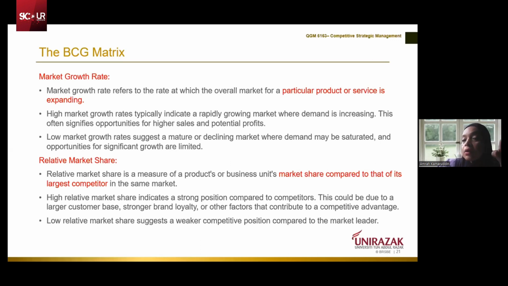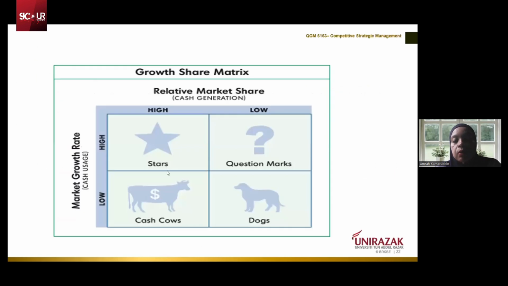But with BCG consultation, when you hire them as consultants, they know the market share of your brand, and they know the growth rate of your brand. So these two you have to place in the four quadrants or four columns. When you talk about market growth rate, it is always low and high, and market share is also low and high.